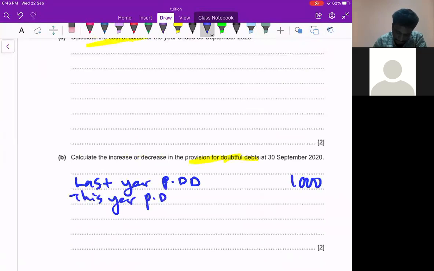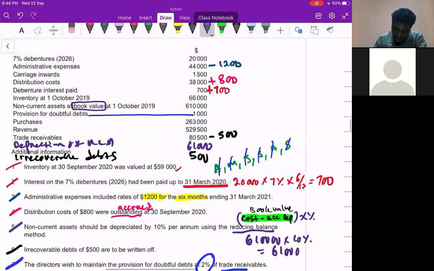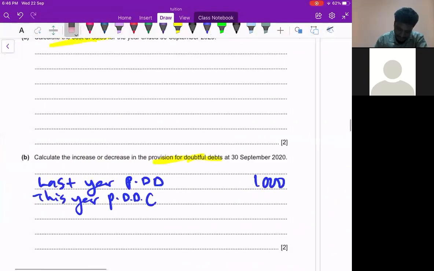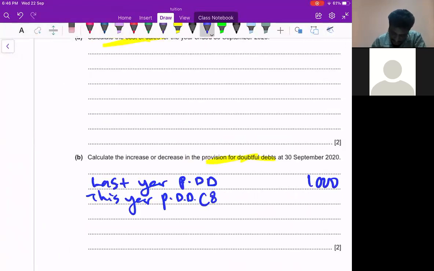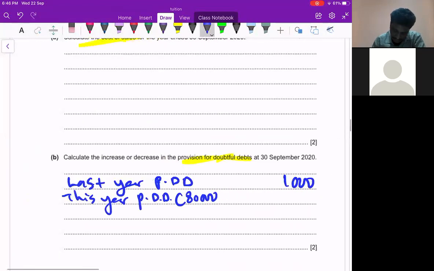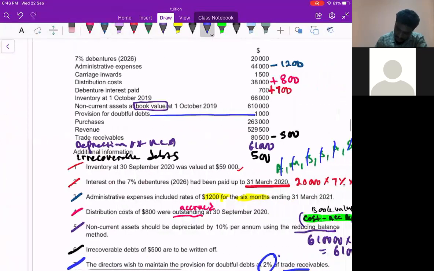And how much is this year's PDD? How to calculate? You take your trade receivable, which is 80,500 minus 500, so 80,000. You want to show the working also can. 80,500 minus 500 times how many percentage? 2%.